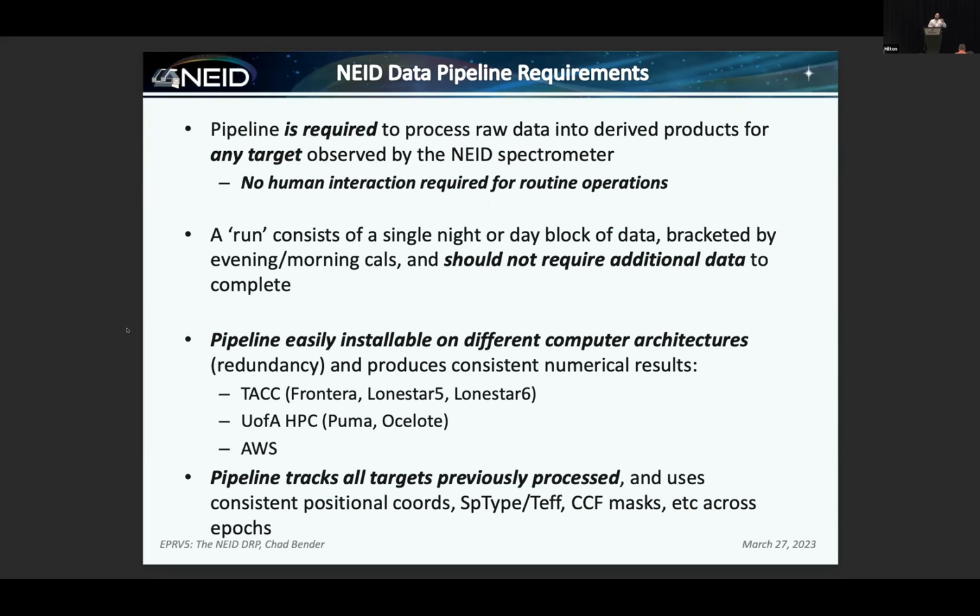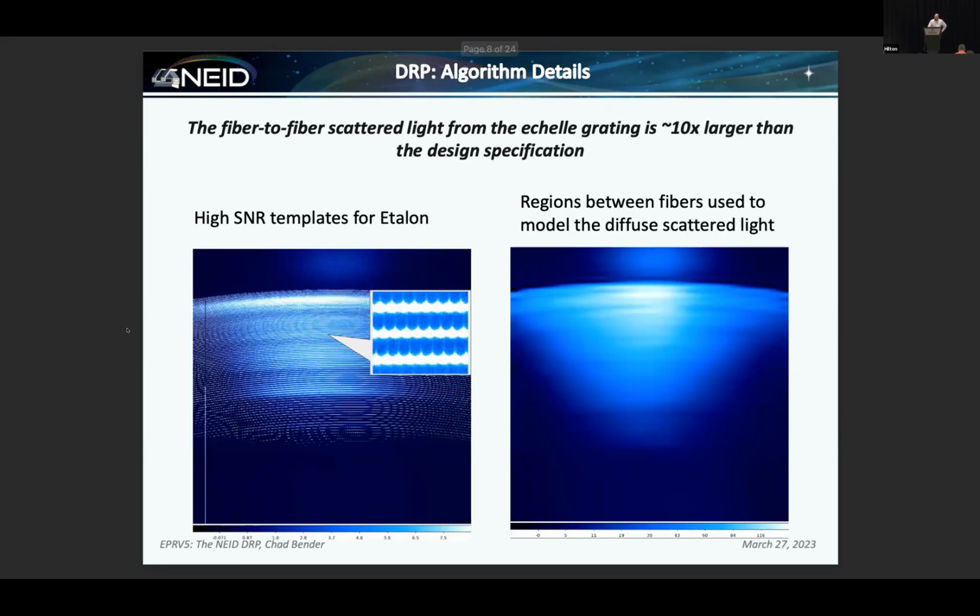So a run is calibrations, science data, calibrations. So for nighttime, it's evening cals, nighttime data, morning cals, and vice versa for solar data. We've got the pipeline running on multiple different clusters at TACC, at Arizona, at AWS, and that's been a bit of a challenge, but it does work.